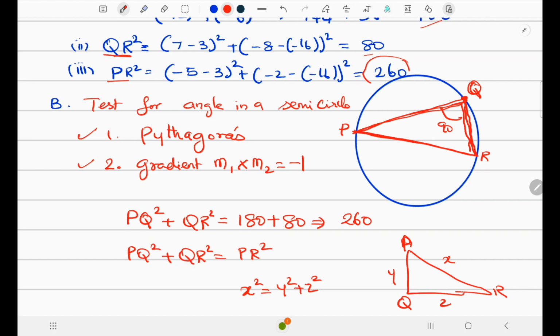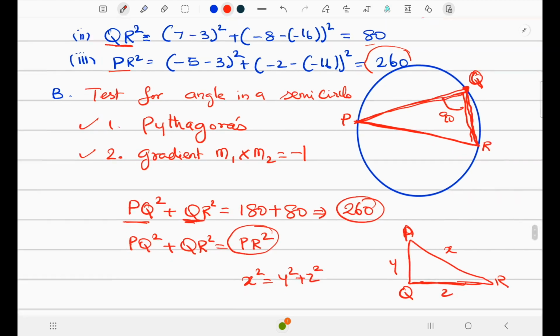The hypotenuse square must be equal to the sum of the squares of both sides. Here we can see the sum of the squares of both sides is 260, which is equal to PR square, meaning PR is the diameter.